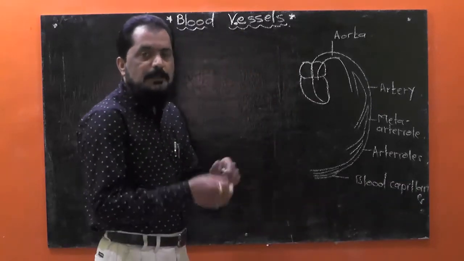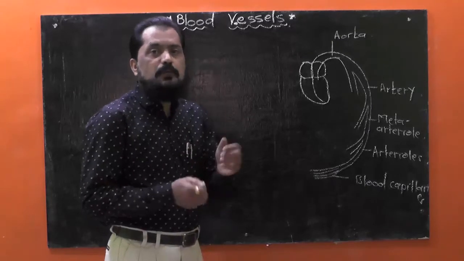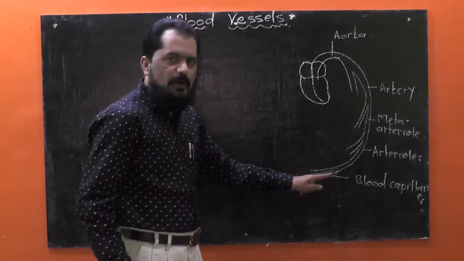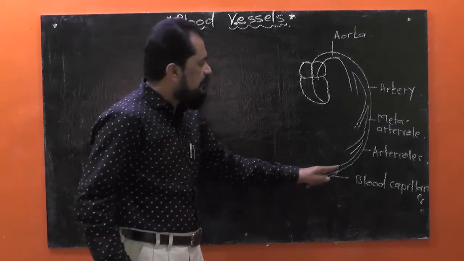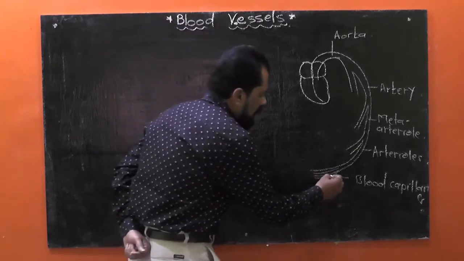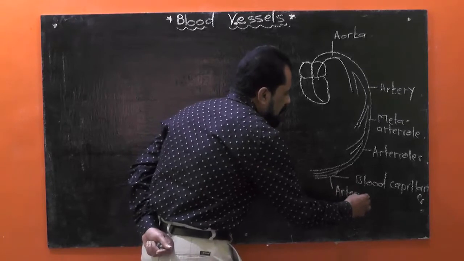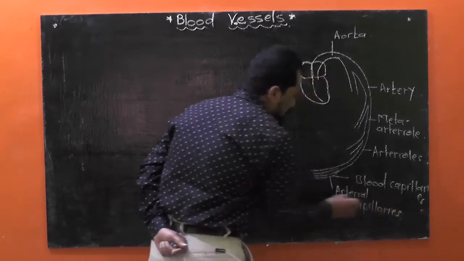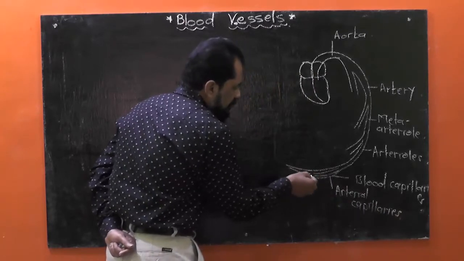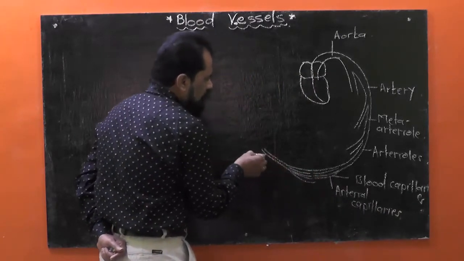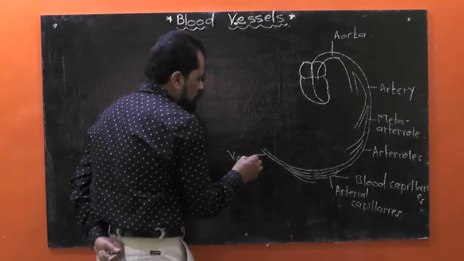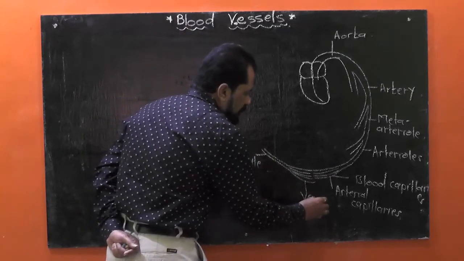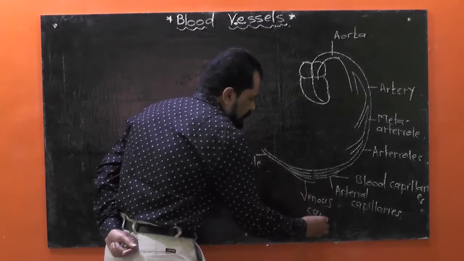Actually, the blood capillaries here are also of two types. The blood capillaries which are formed immediately due to the division of arteriole are known as arterial capillaries, and the capillaries which unite to form another blood vessel, that is venule, are known as venous capillaries.